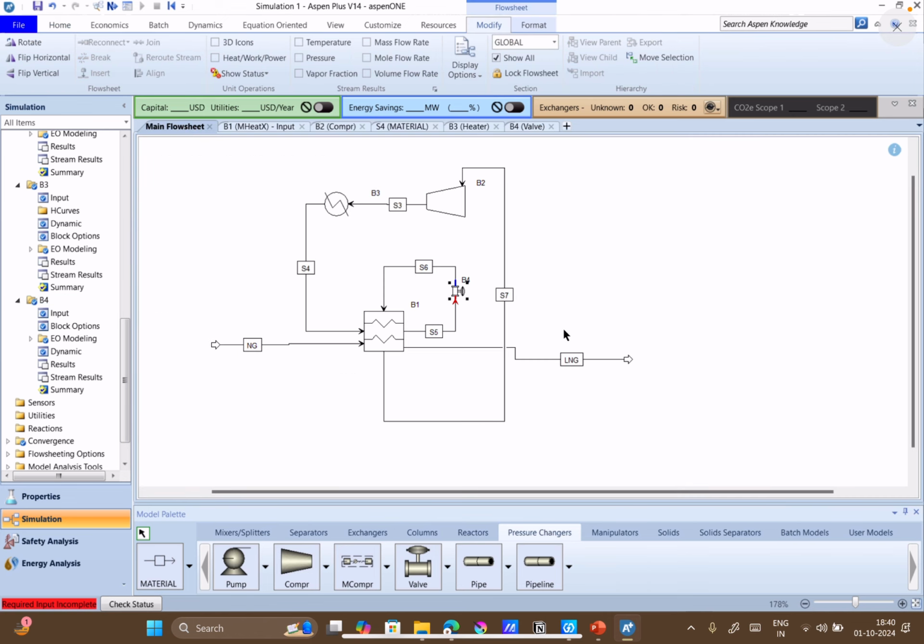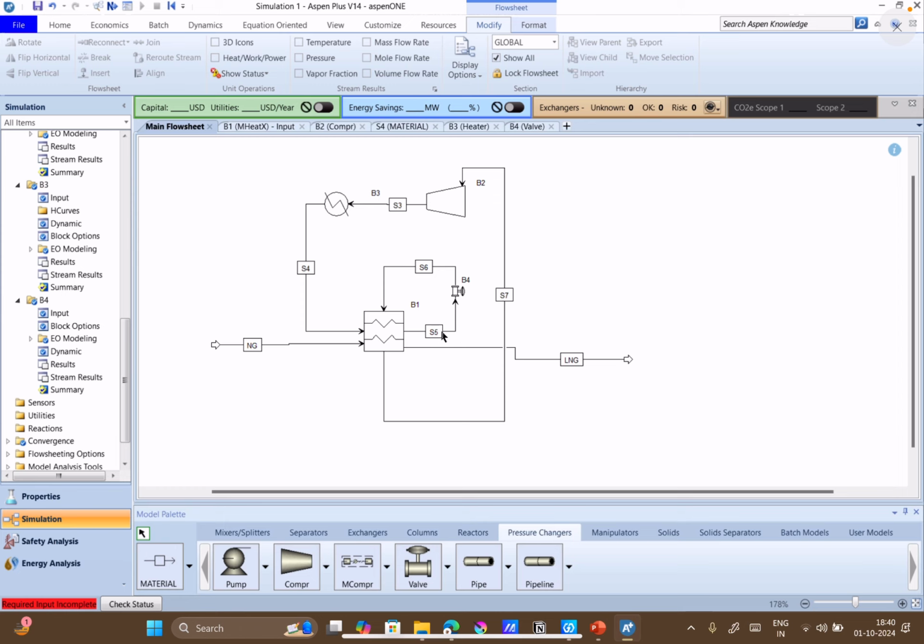Now, if you look at the overall diagram, what other things are we missing here? We have the compressor outlet, so this stream is okay. We have heat exchanger details. We have provided the outlet temperature, so this is okay. S4 temperature, pressure and composition are provided. Now for S4 to S5, what should be the temperature reduction, we don't know. So the temperature of S5 is unknown.